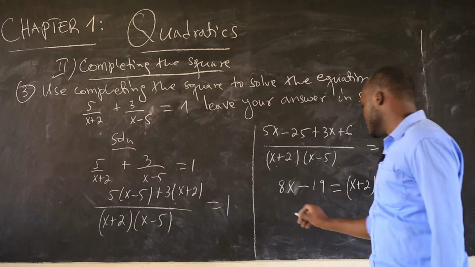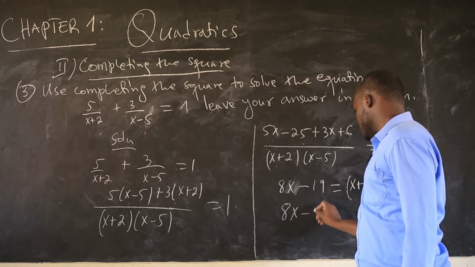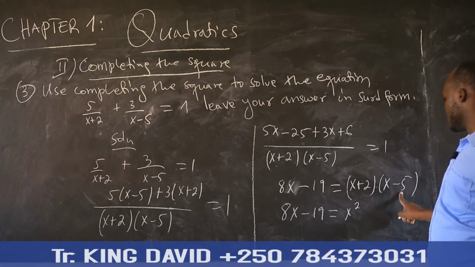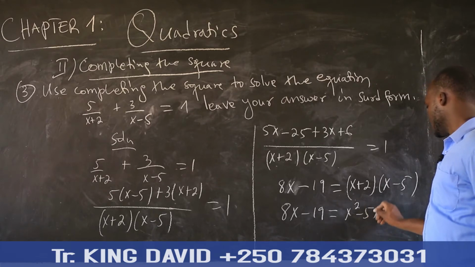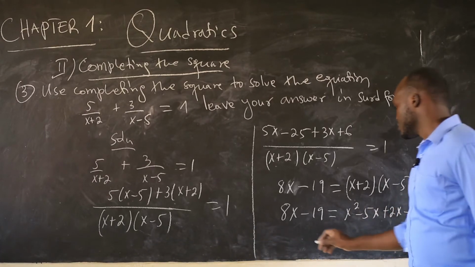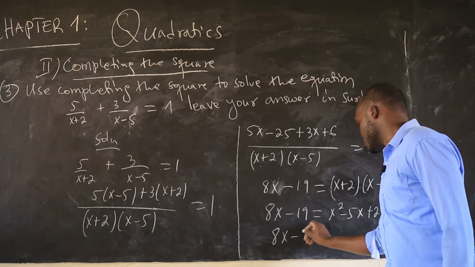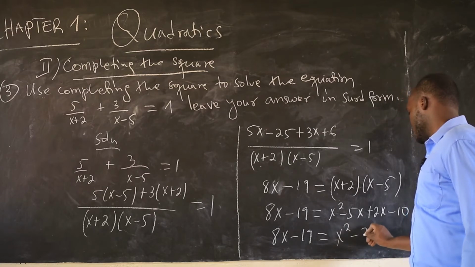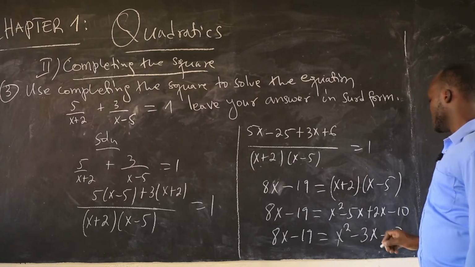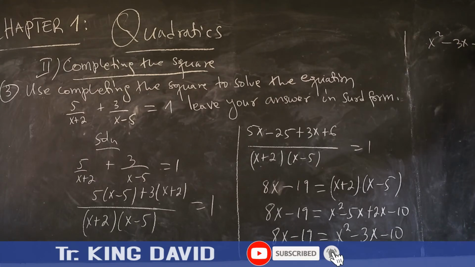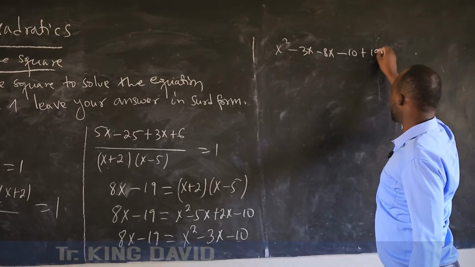So finally, this is 8x minus 19, which is equal to x squared minus 5x plus 2x minus 10. So this is 8x minus 19, which is equal to x squared minus 3x minus 10. So it will be x squared minus 3x minus 8x minus 10 plus 19 equal to 0.